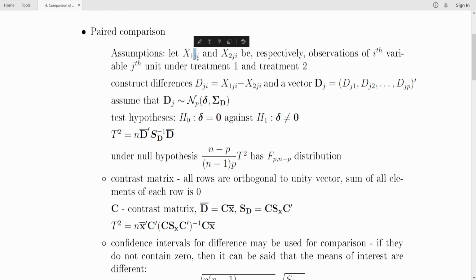The second subscript, j, is going to be from 1 to n, and those are the trials or observations. And the third subscript will represent the variable, so variable 1, 2, 3, or p.